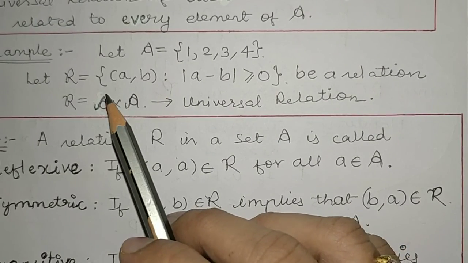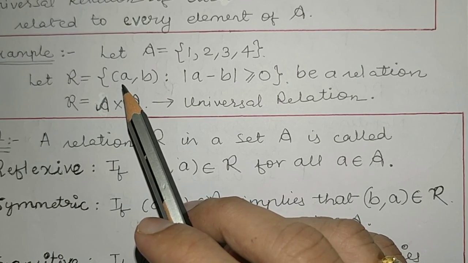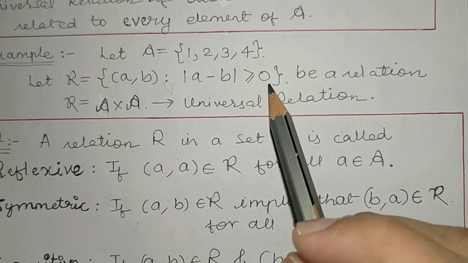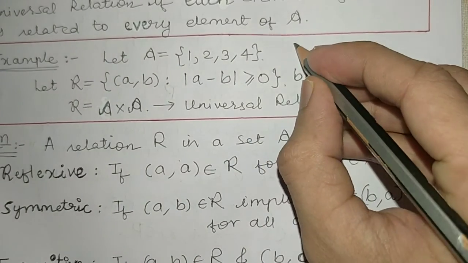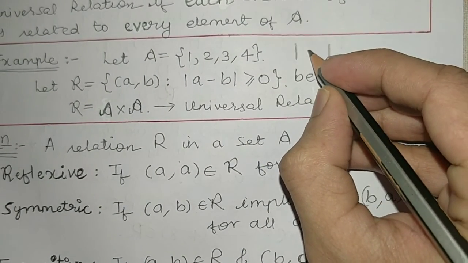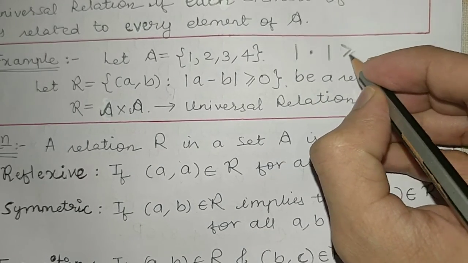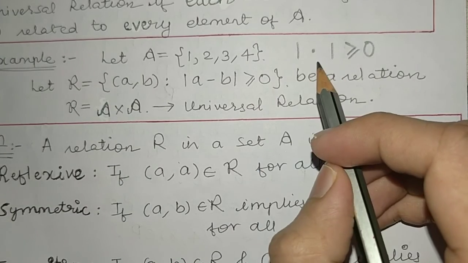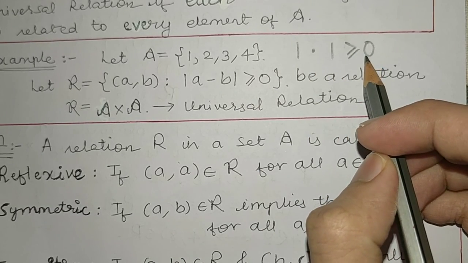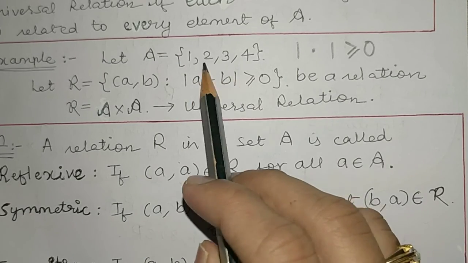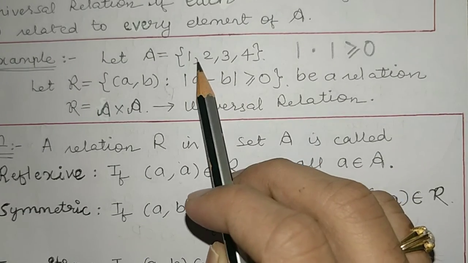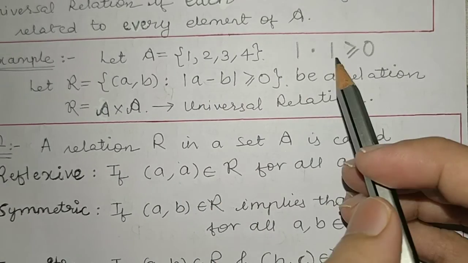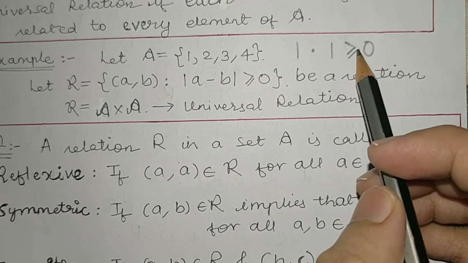The mod of any element is greater than or equal to 0, so all the elements will satisfy this condition.